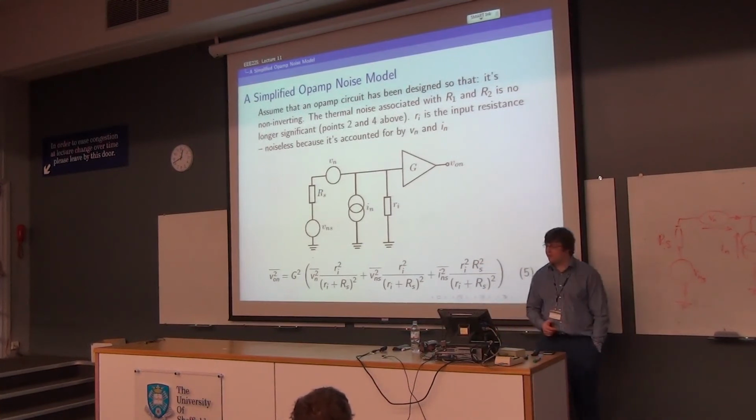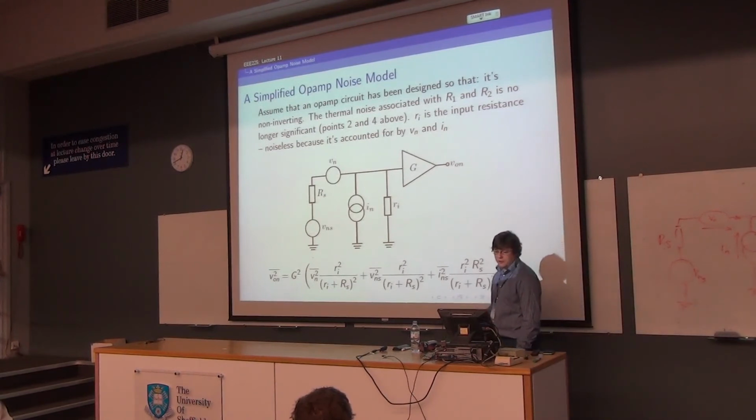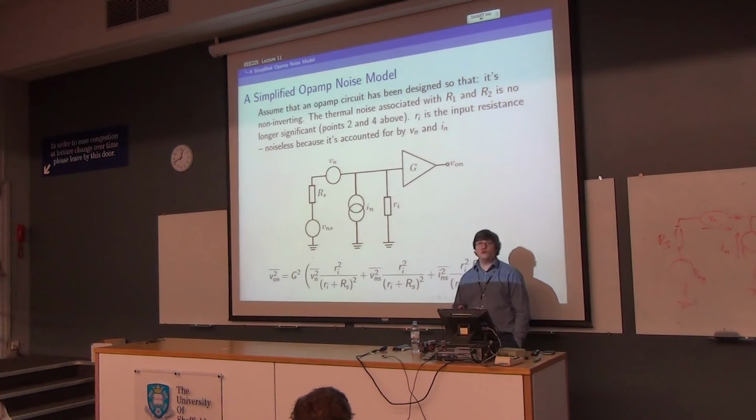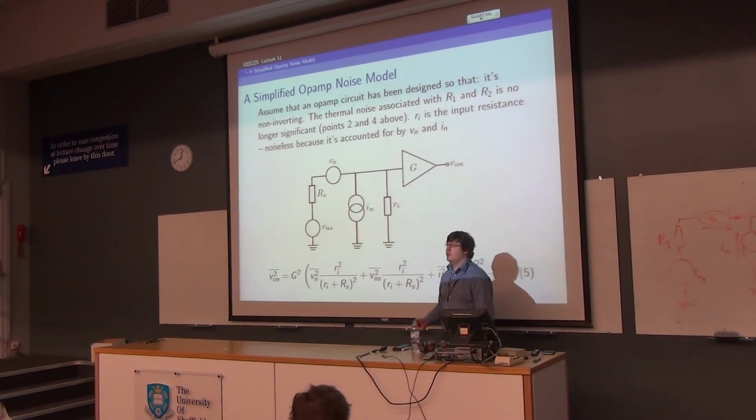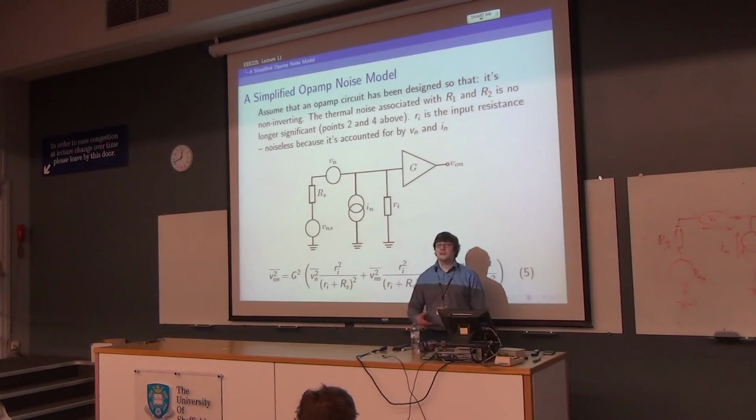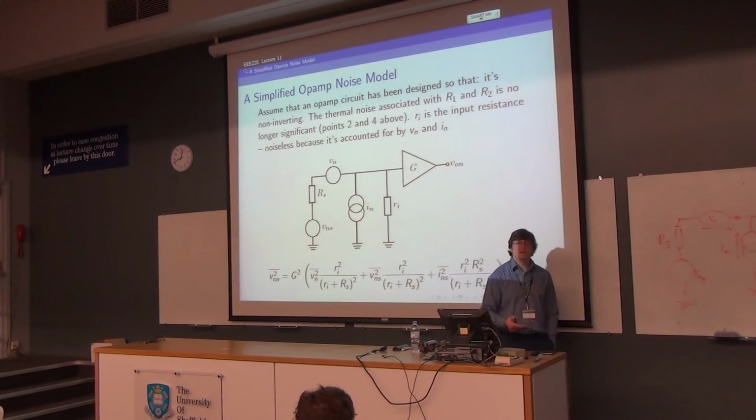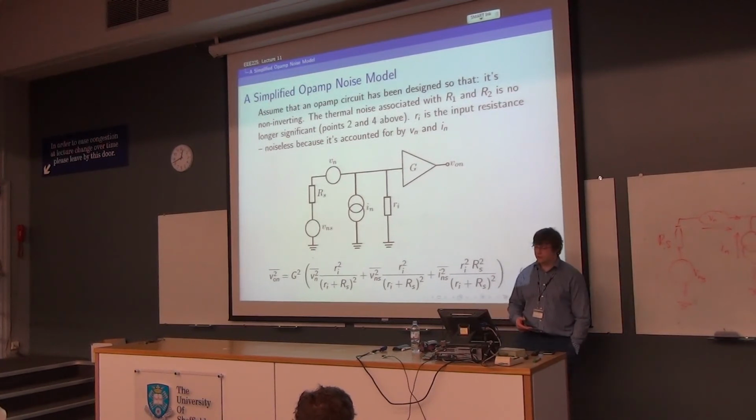Let us assume that you have designed your op-amp circuit so that it's non-inverting, and so that the thermal noise associated with your feedback resistors isn't significant anymore. You've chosen your feedback resistors carefully. They're as small as you can make them without violating any other rules to do with DC conditions and so forth.